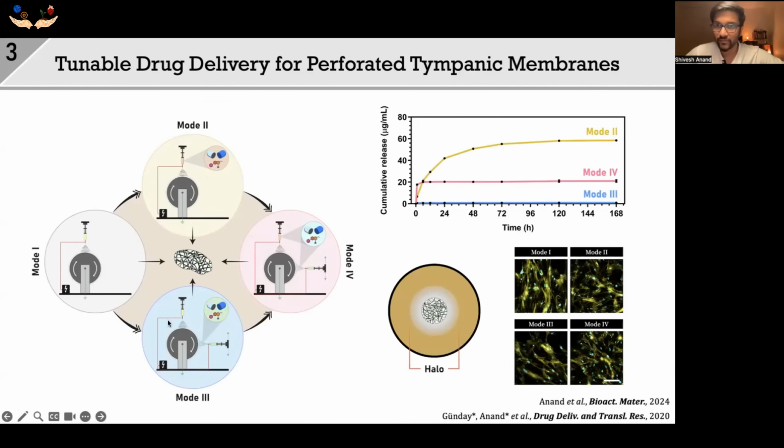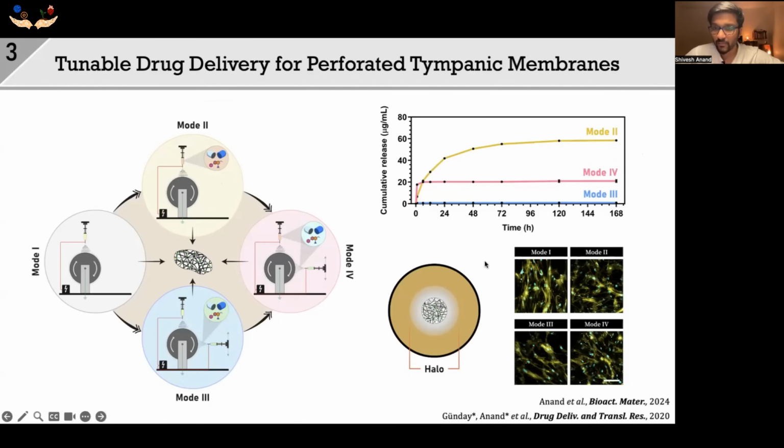In terms of the drug release profile, we saw that with mode 2, we could achieve a sustained release of the drug up to day 7. However, with mode 3 and mode 4, which included electrospraying drug-loaded nanoparticles, we obtained a more burst release.